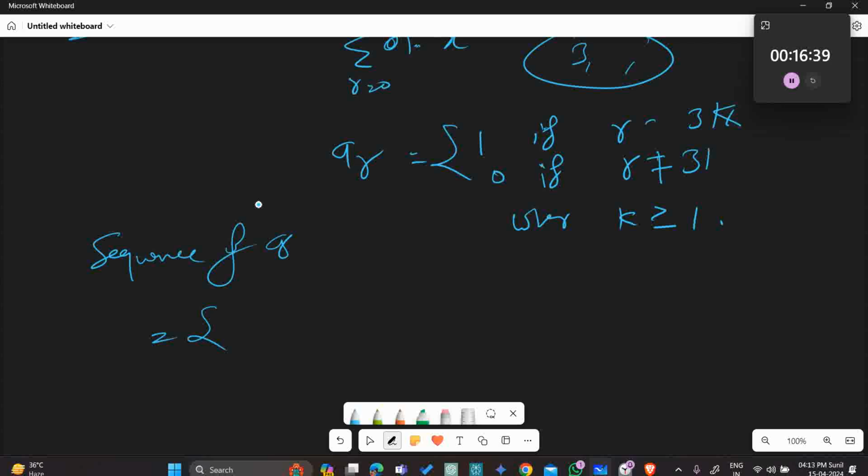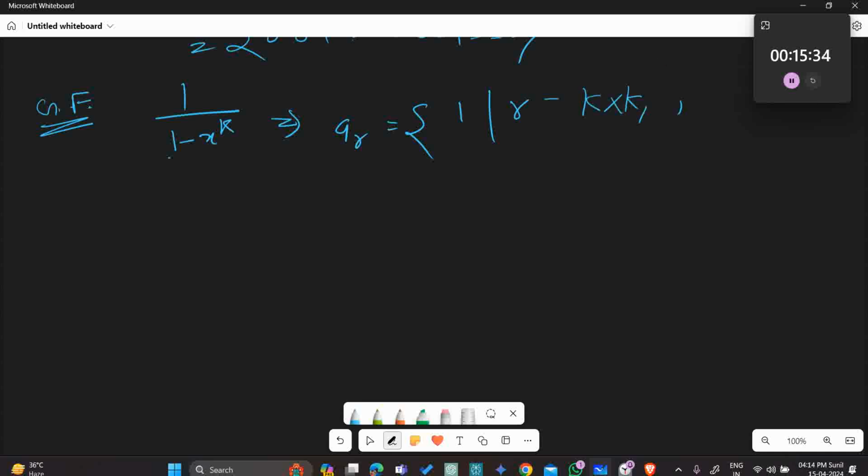A of 0 is 1, why of 0 1? 1 0 0 1 0 0 1 0 0 1. I think this will be the sequence. And this will be the sequence. Right.